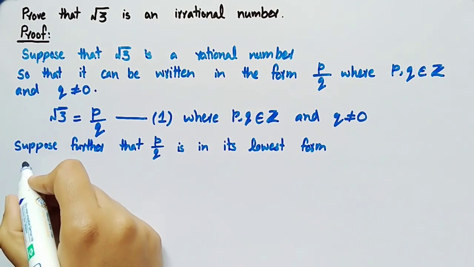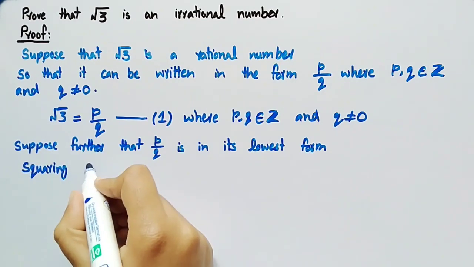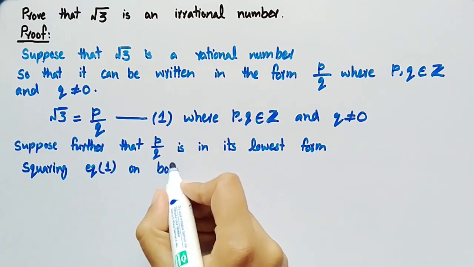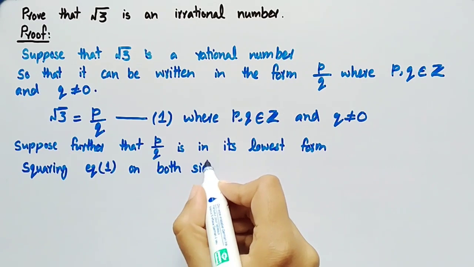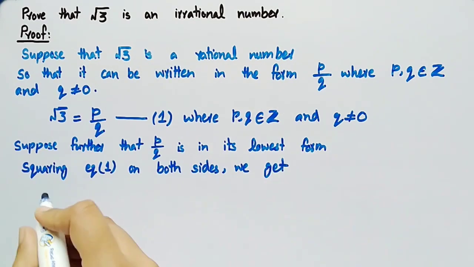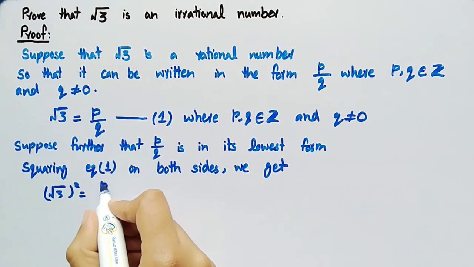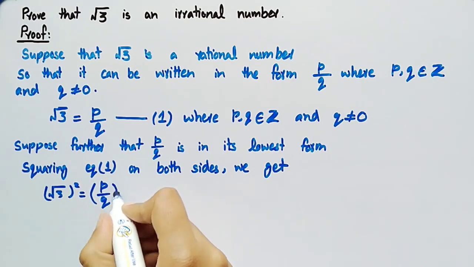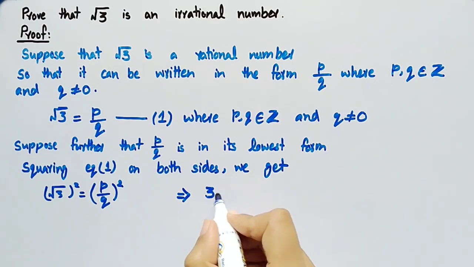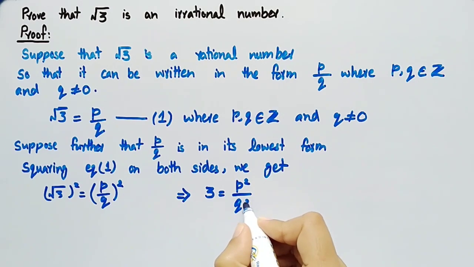Now by squaring equation 1 on both sides, we get square root 3 whole square equal to P by Q whole square, which can also be written as 3 equal to P square divided by Q square.